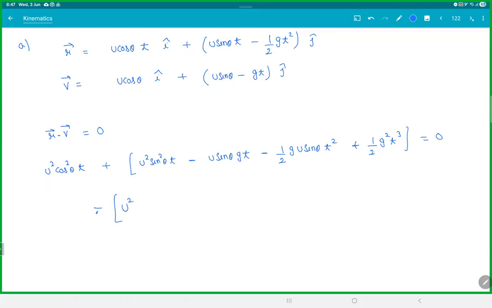Take t common. This would be 3 by 2 u sin theta t plus half g square t square. We got a quadratic.